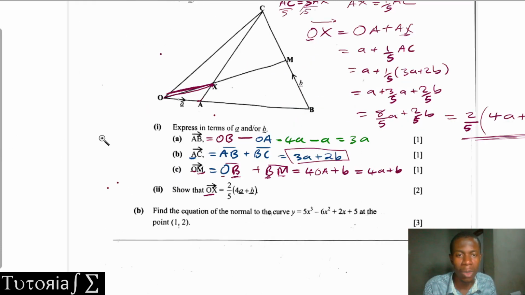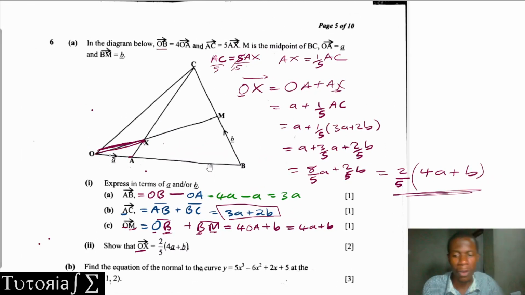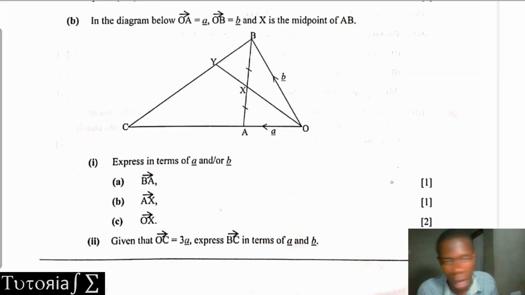Okay, so I'm going to put up a task for you, and we see how we move from there. All right, so right here we have this question in the diagram below. OA is equal to A. So OA is this, is A, and OB is B. OB is right here.